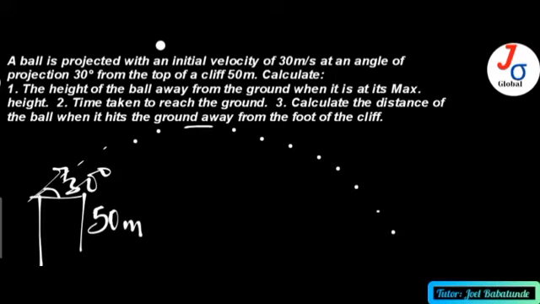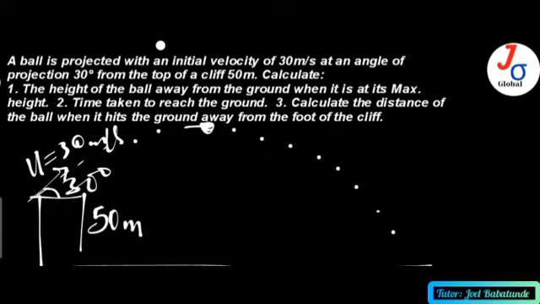Okay, good. Then we have to calculate the height. So what's the u? The u here is actually 30 meters per second. Then you have to calculate the height away from the ground when it is at maximum height. This is the maximum height of the ball, and this is the ground.